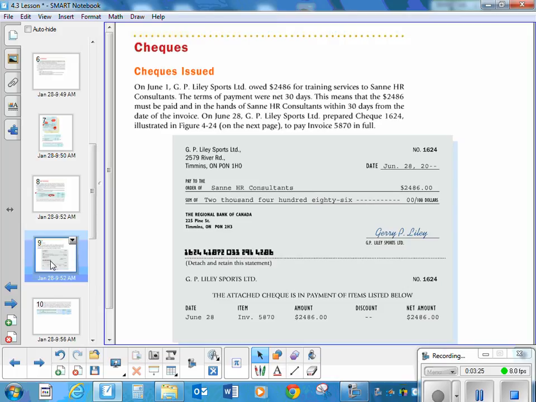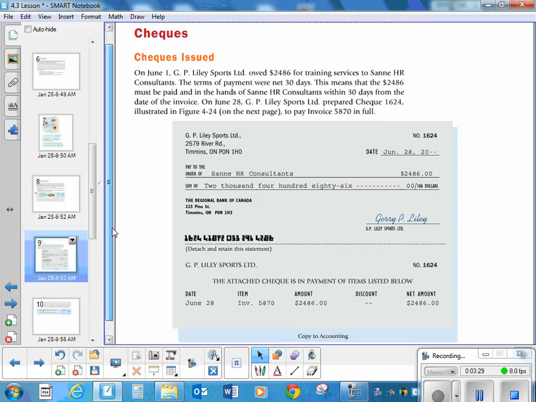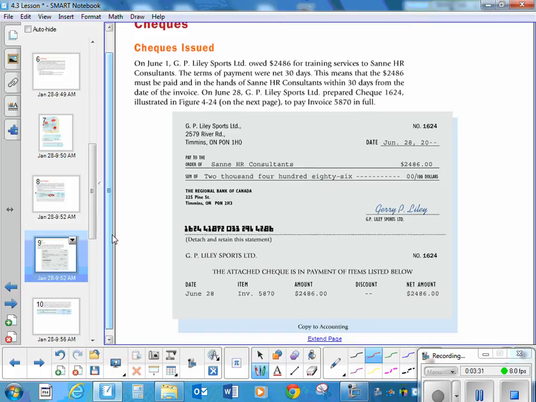Okay, another source document is a check. And checks are really important, and they are numbered. Sometimes your company will have big checks, and they will actually have a place where you keep a copy, and then the copy gets sent into the mail as well. Okay, so we don't really deal a lot with checks anymore, but if you were a company owner, you actually would.